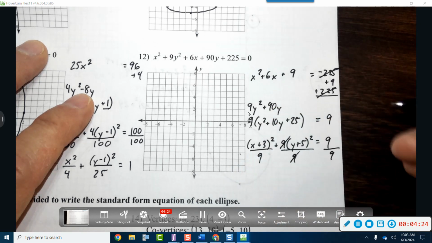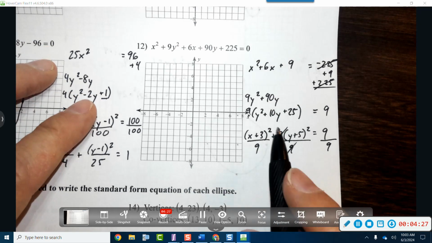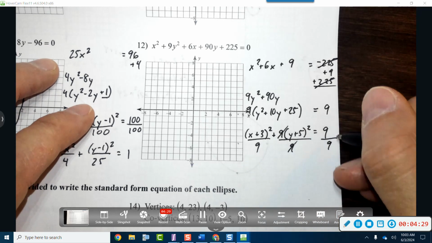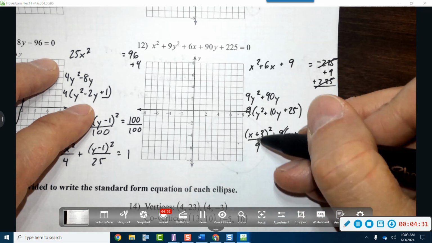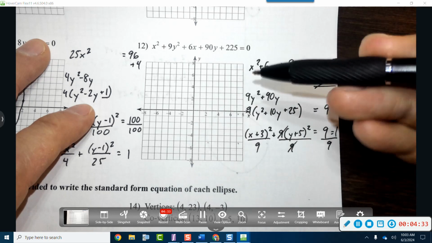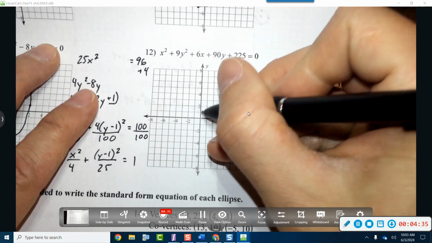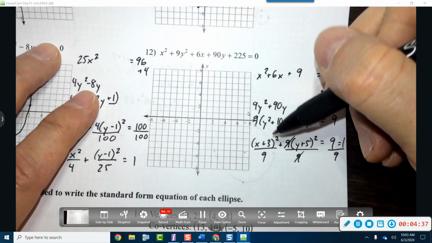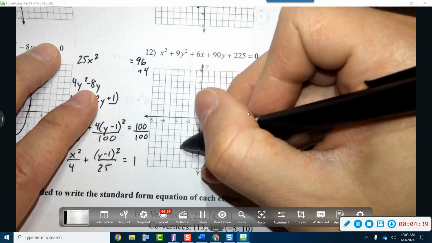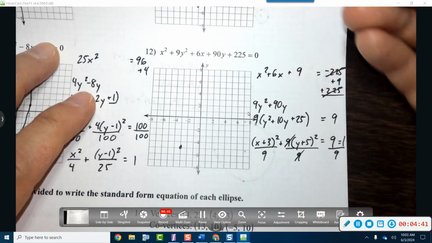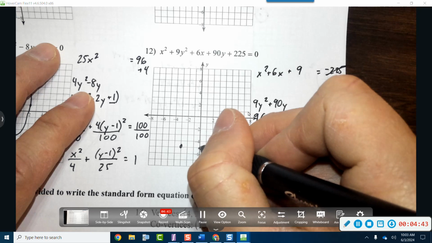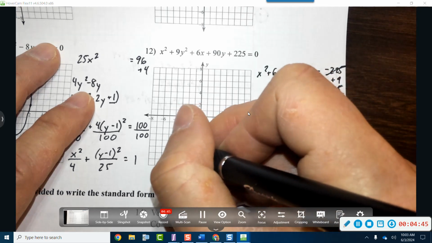So those cancel out. And then this actually goes to 1, and so does this. And then this guy, we know that we're going to go over to the left and right 3. So we're going over -3, -5. So we are right here. We're going to go to the right and left 3. 1, 2, 3.